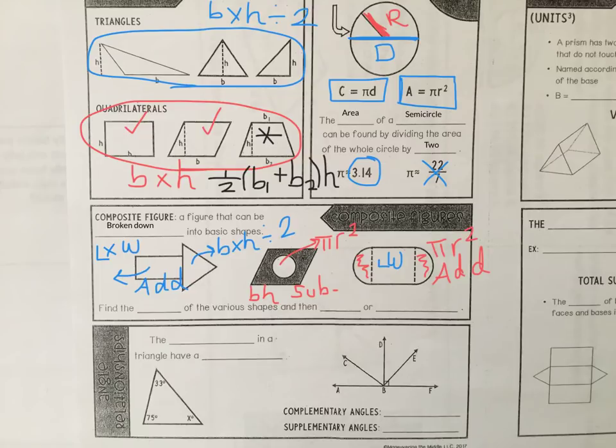So, basic idea is to find the area of the various shapes and then add or subtract, and it's based on what the figure looks like.